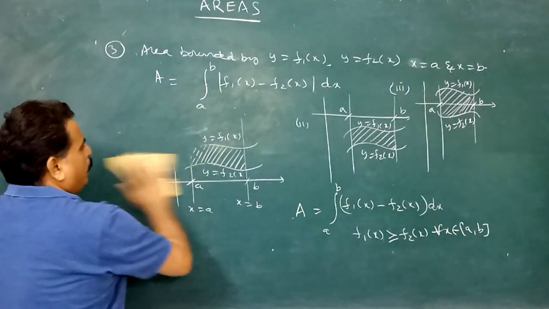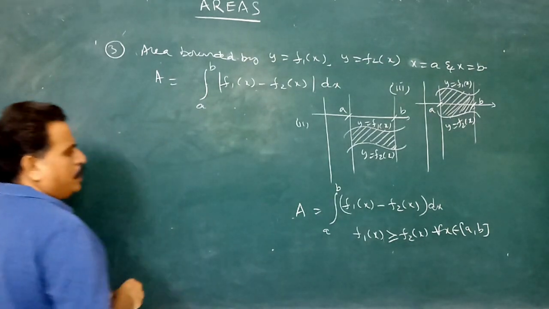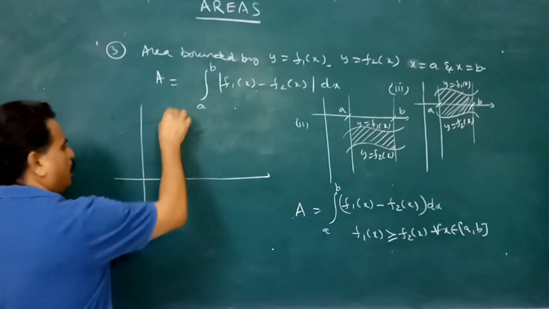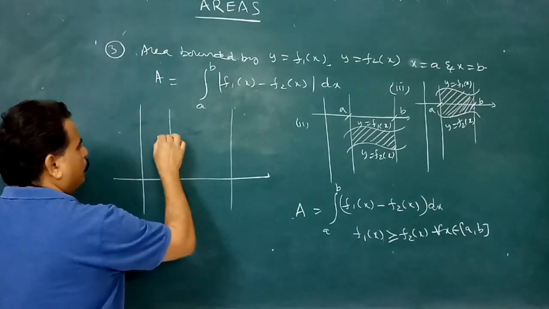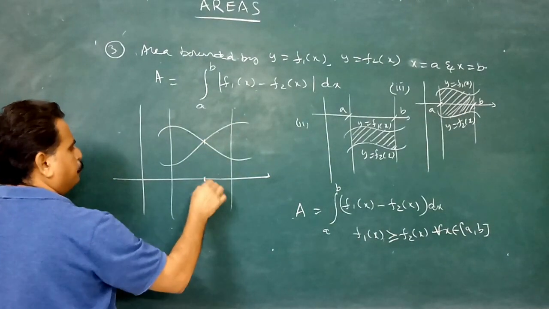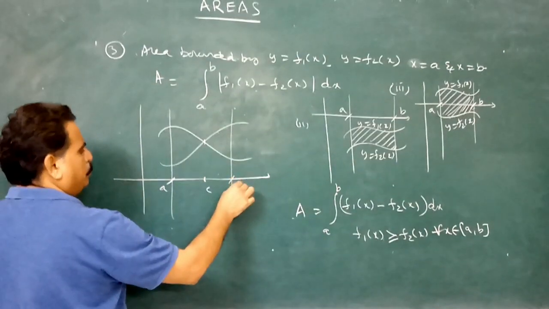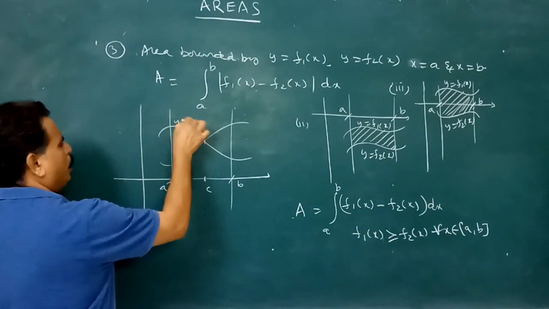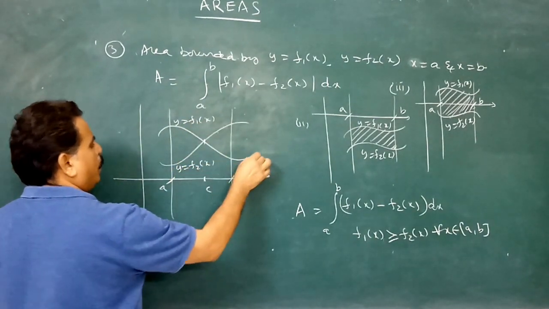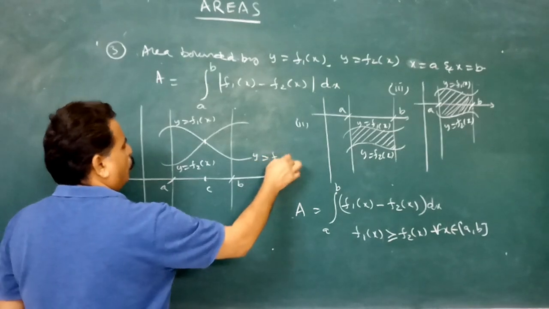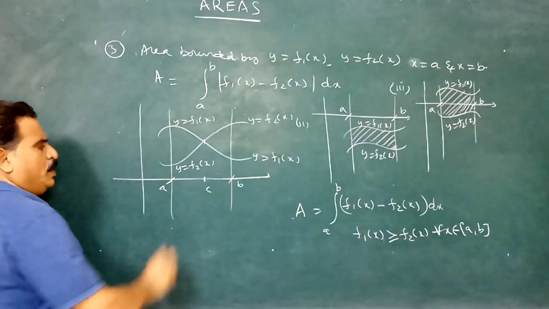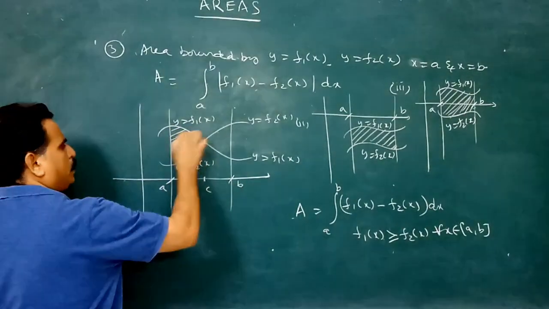Now in the fourth case, look here, the two curves f1(x) and f2(x) intersect between the limits x equal to a and x equal to b at C. Between a and b, the region is like this.